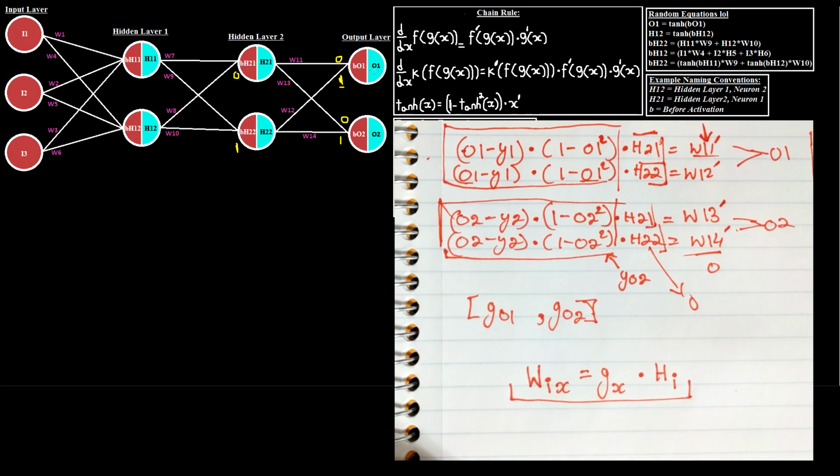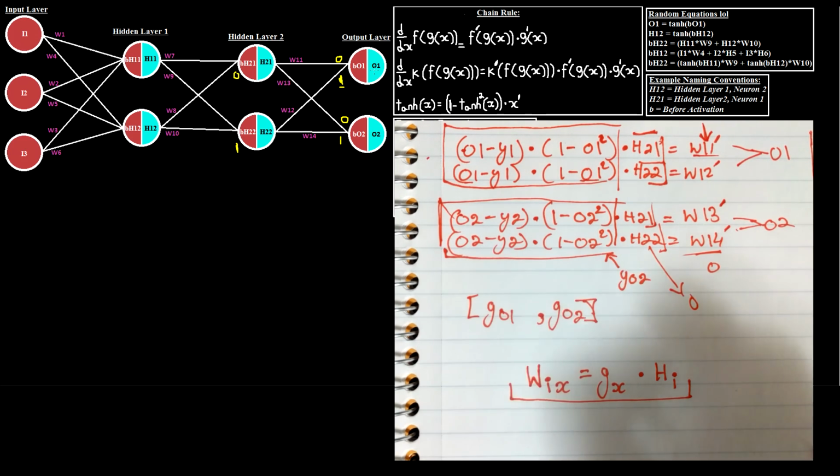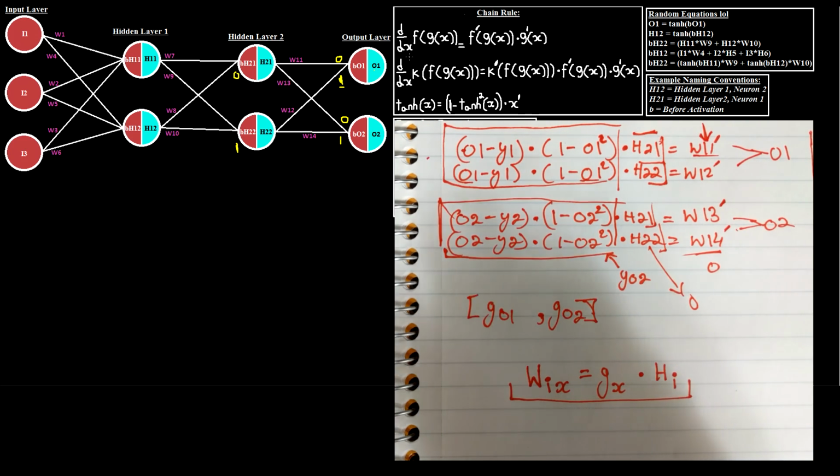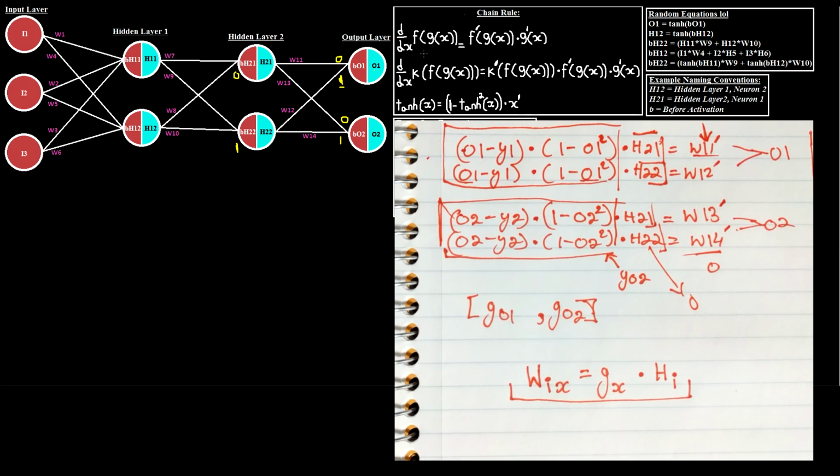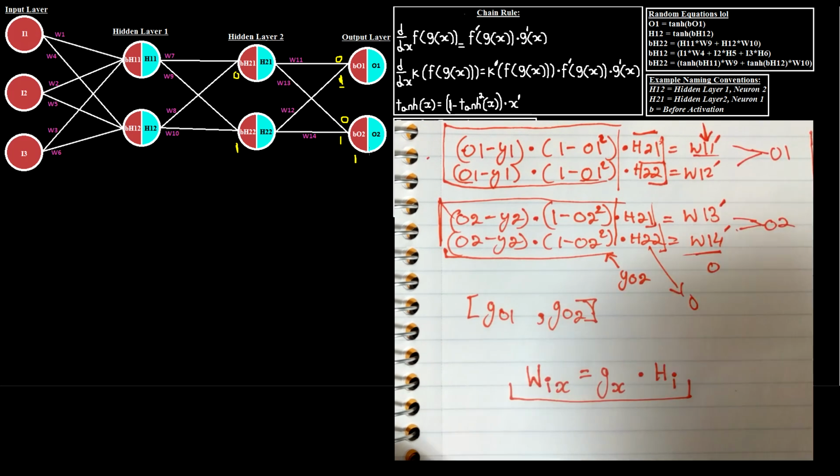And the X over here is the index of the neuron that this weight is connected to. So W14 is connected to the index 1 neuron, which is output 2, right? Output 2 is at index 1 in the output layer.